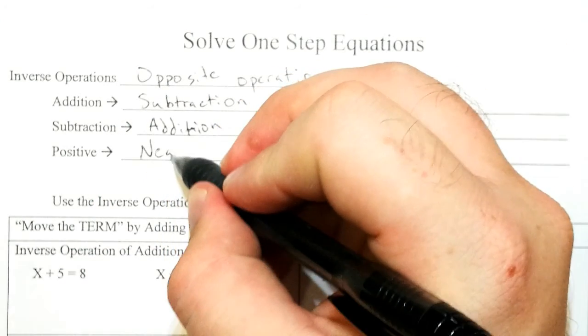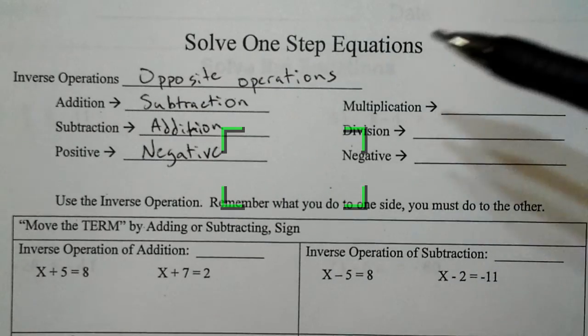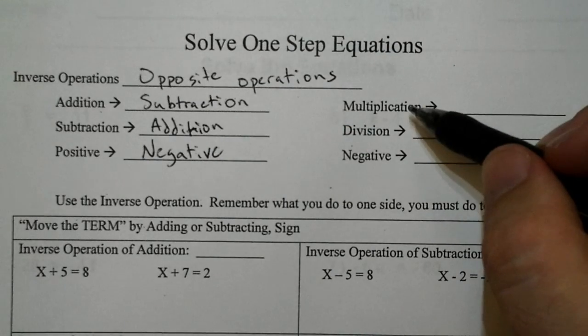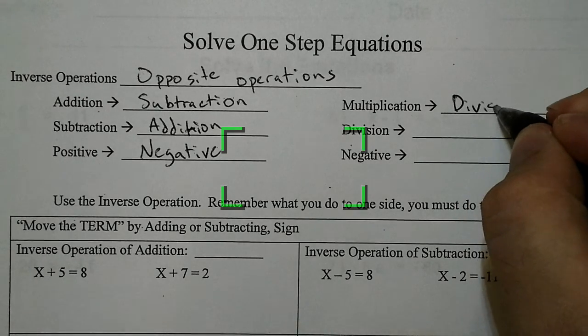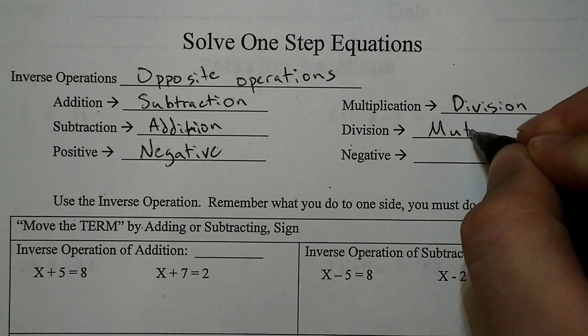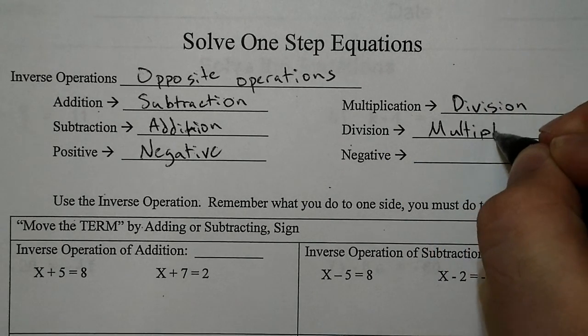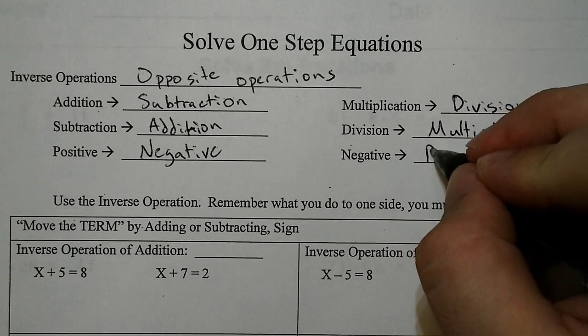Opposite of positive is negative. And since these are opposites, it'll work over here too. The opposite of multiplication is division. The opposite of division is multiplication. And the opposite of negative is positive.